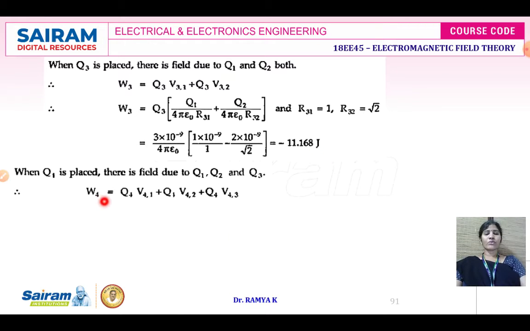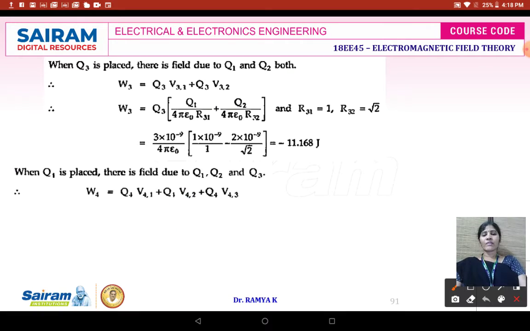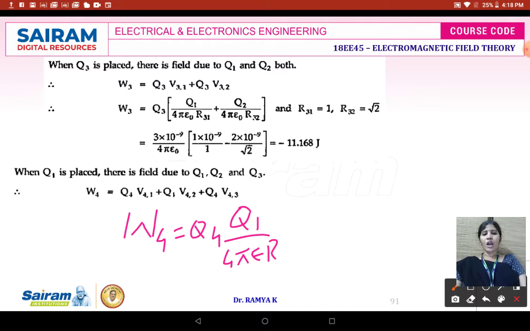Similarly, when you move charge Q4 in the presence of Q1, Q2 and Q3, we'll get the equation Q4 V41 plus Q4 V42 plus Q4 V43. So, when you expand and write the equation, we will get W4 is equal to Q4. Because of Q1, what is the potential? 4 pi epsilon R41 plus, Q4 is going to be common.